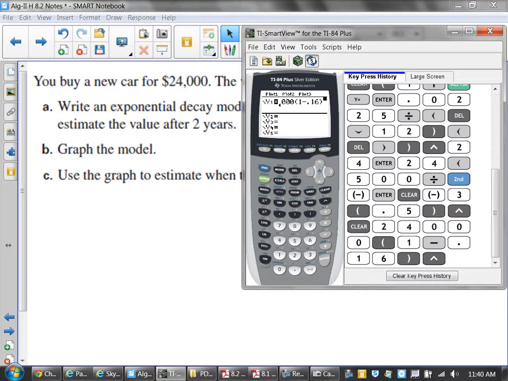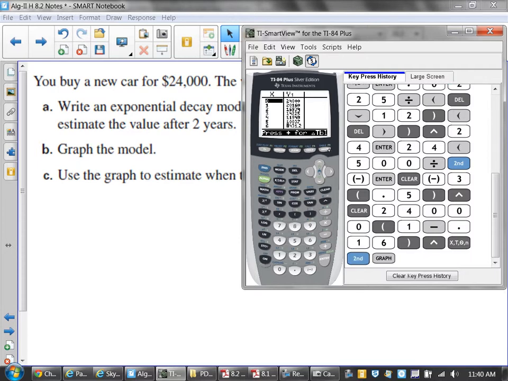I'm going to use my variable here, because this is what I'm looking for. I'm going to use x. Hit table. So if I want to know how much the car is worth after 2 years, that means my x value is now 2. So if I look at the table, at 2 it's worth what, $16,934? Okay.